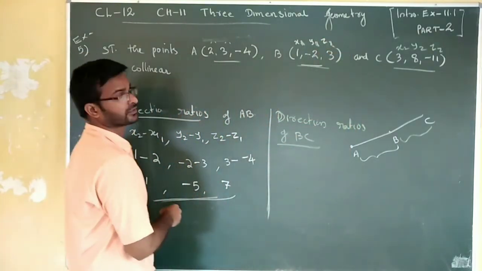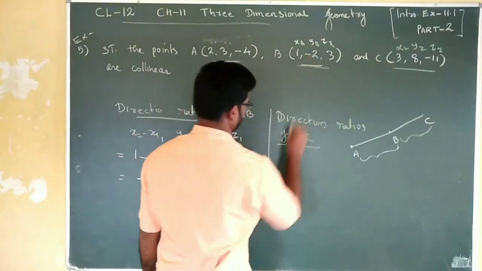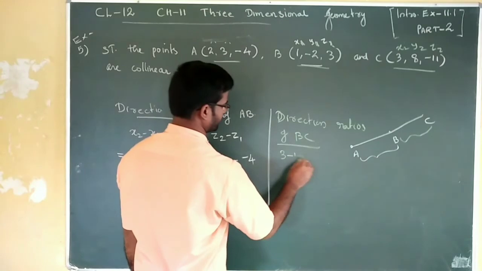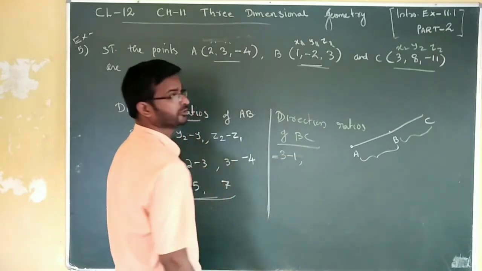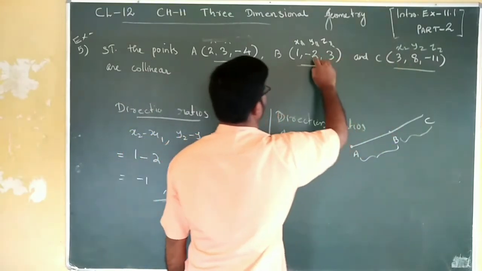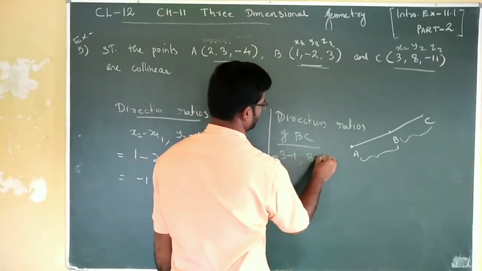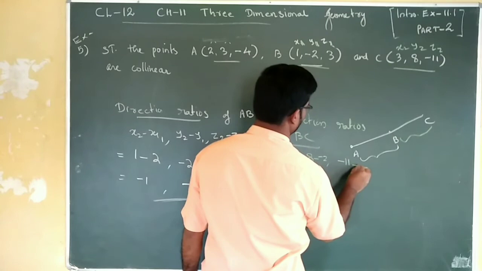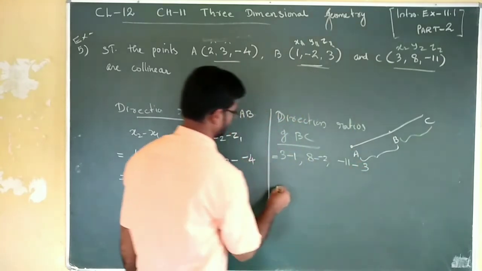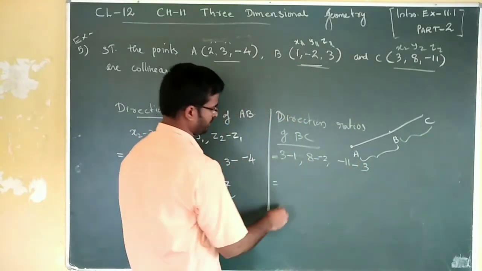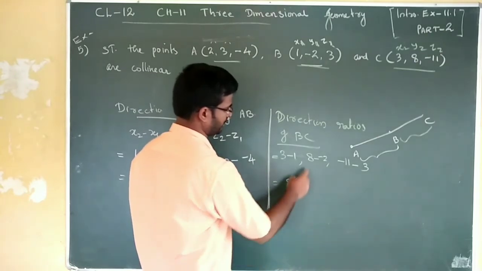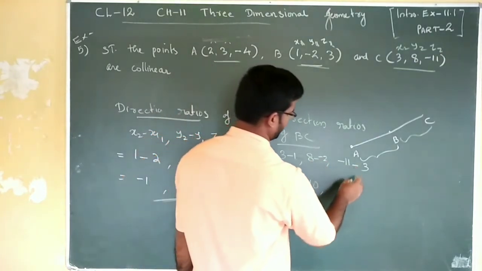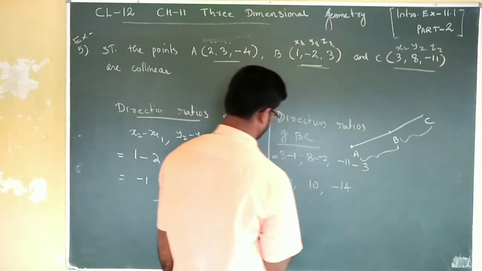First, x2 minus x1: 3 minus 1, which is 2. Then y2 minus y1: 8 minus minus 2, which is 10. Then z2 minus z1: minus 11 minus 3, which is minus 14.